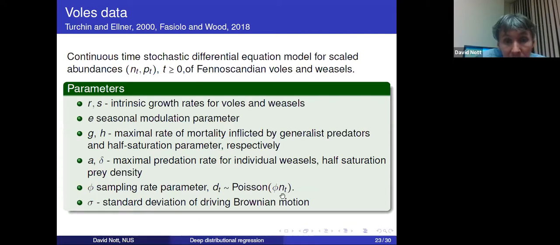We don't observe the abundance for the voles directly, so we assume the trapping data is a sampled version of the abundance, with a sampling rate parameter phi, and there's a standard deviation of the driving Brownian motion in the model. For simulating from this model, we use the synlik package of Fasiolo and Wood.